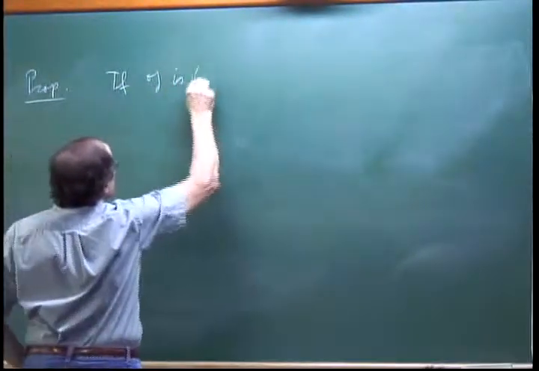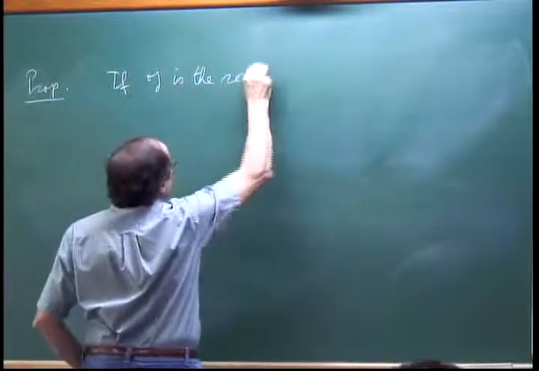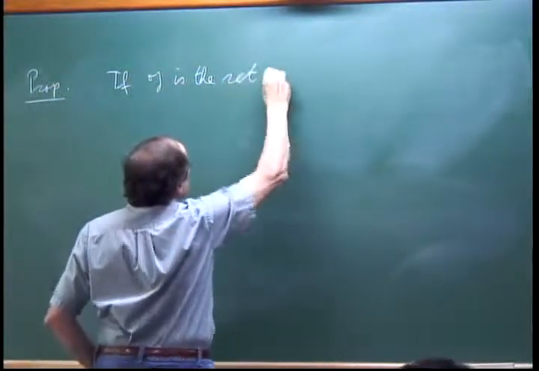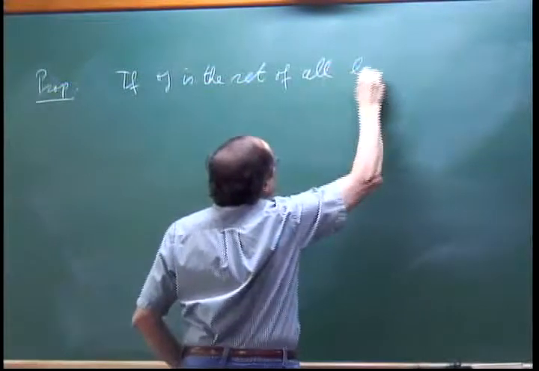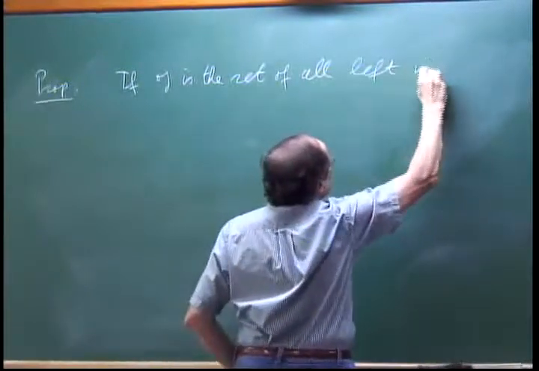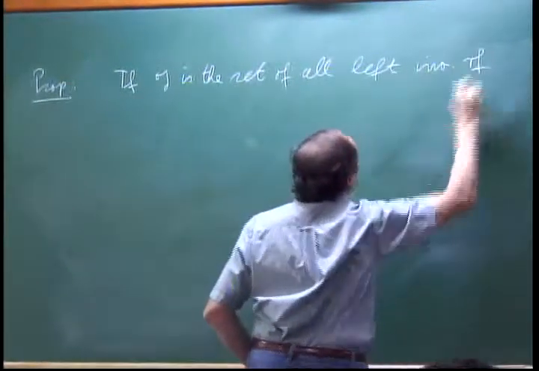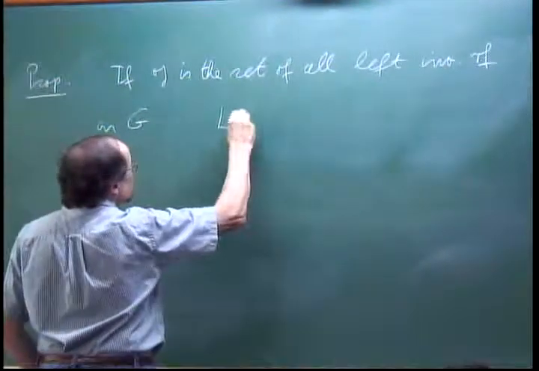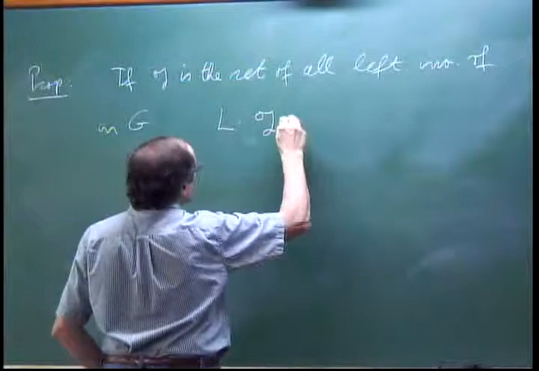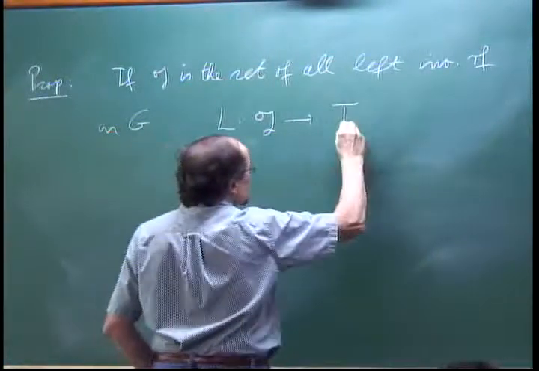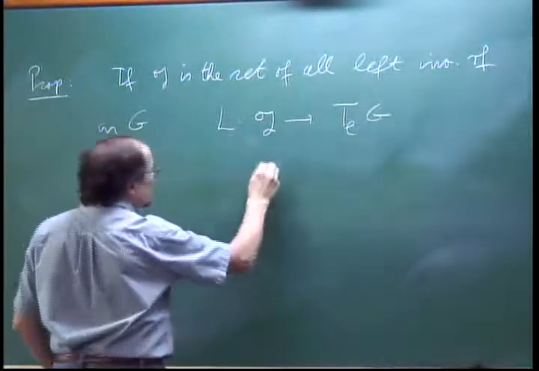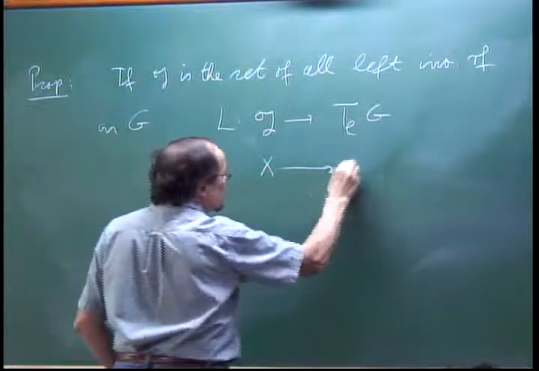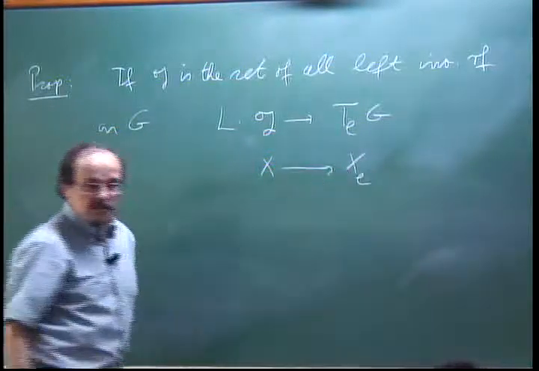Let G be the set of all left invariant vector fields on G. Then I get a linear map from this vector space G into the tangent space of G at the identity, which sends my vector field X into the value at the identity.